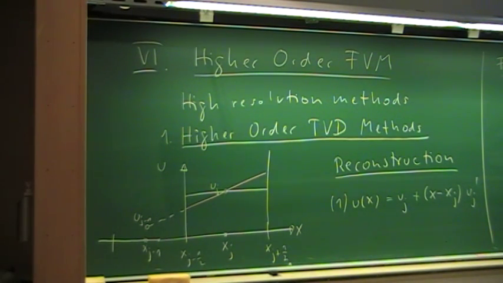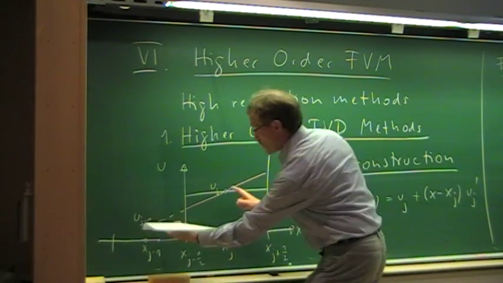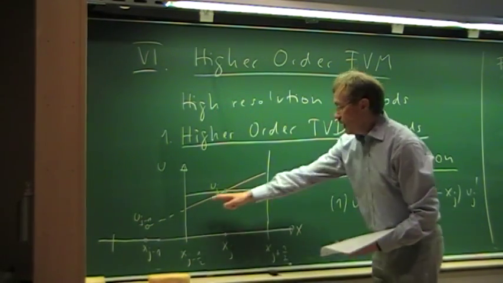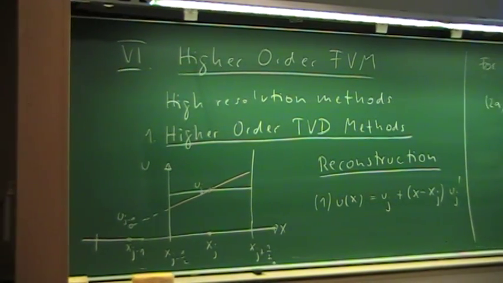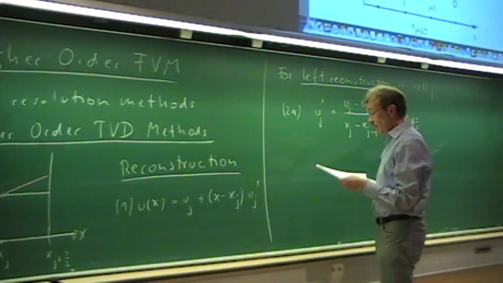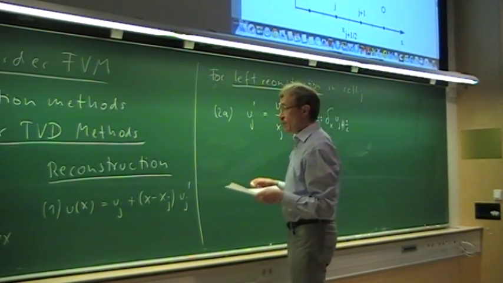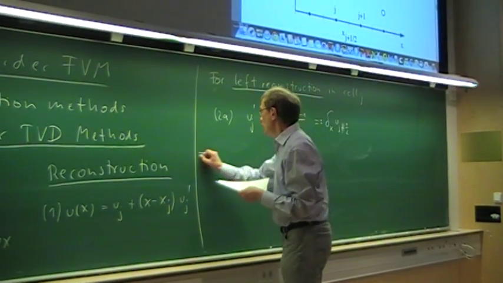So that is what we are doing here. We take this slope defined inside the cell j, and that will give us the left reconstruction at the face xj plus 1/2.